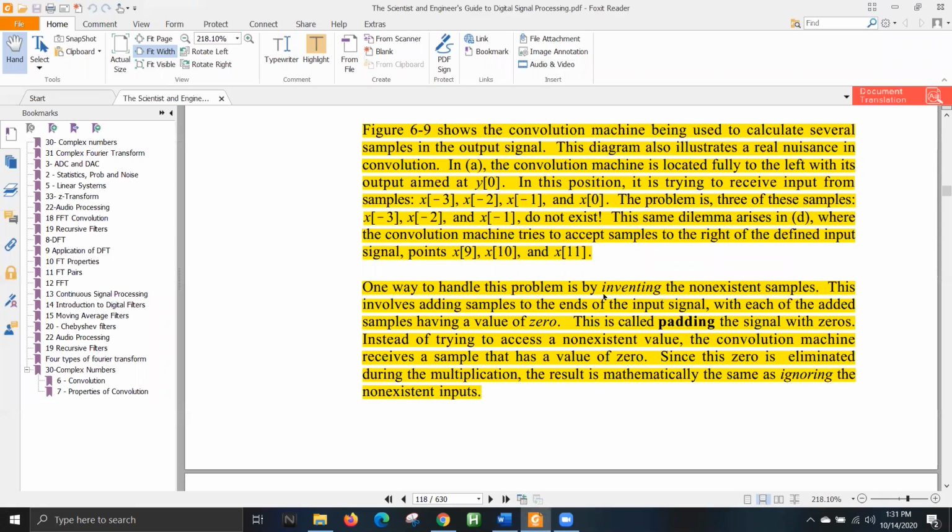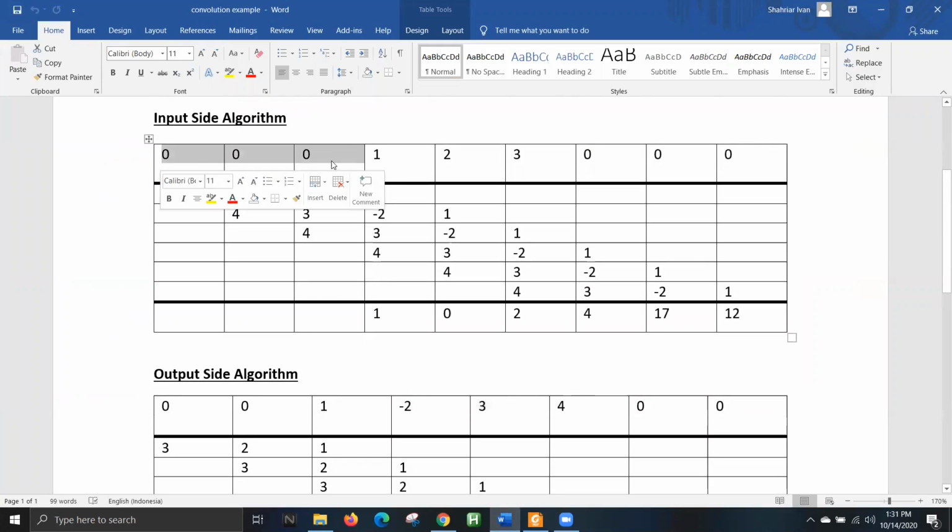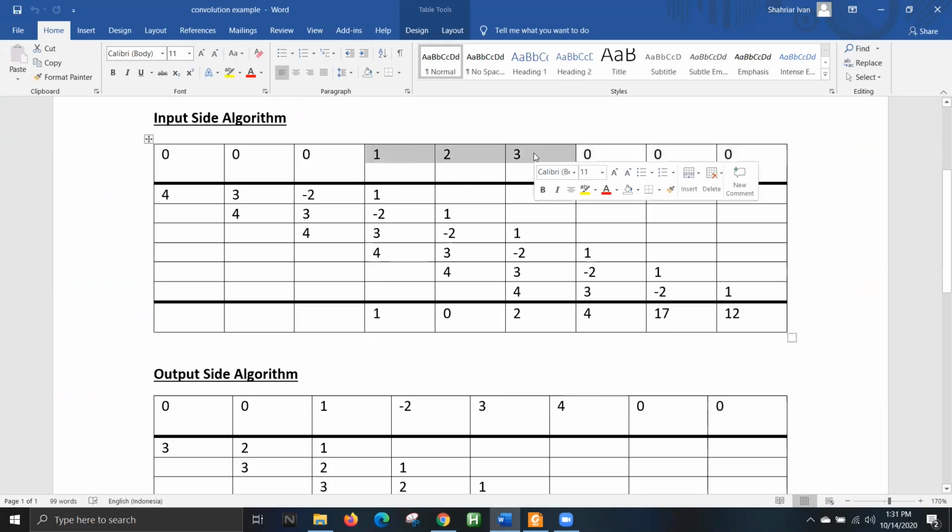The approach mentioned here is reinventing the non-existent samples, also known as padding. By padding, we mean that we simply fill in the values with zeros where there is no value. For example, here, wherever there was no value, we had to pad some extra zeros. Actually, all signals have zeros all the time, but we do not show them. We only show those parts where there are significant amplitudes.